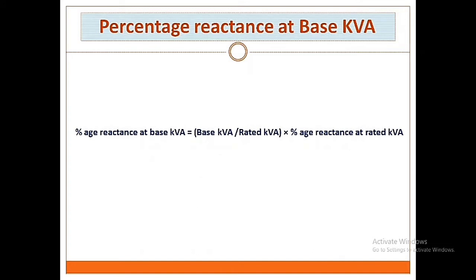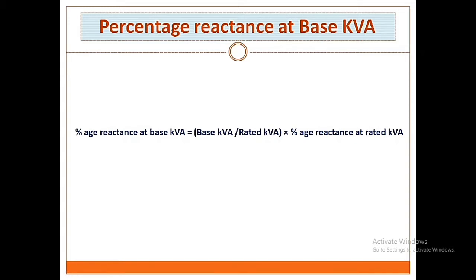Next, percentage reactance at base kVA. Percentage reactance depends upon its kVA rating. Therefore, it is necessary to find the percentage reactance of all the elements on a common kVA rating. This common kVA rating is known as base kVA.